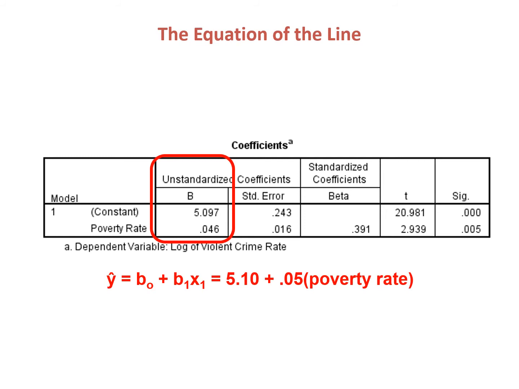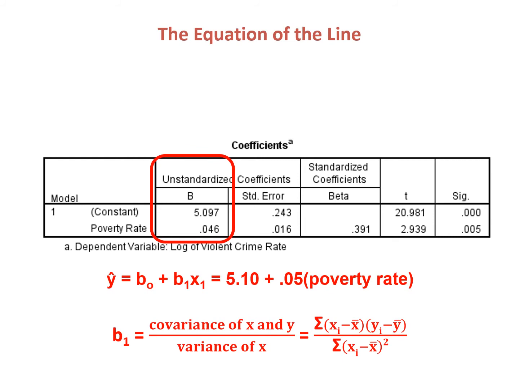Beta subscript 1 is substituted for the poverty rate, which is 0.046, and here rounded to 0.05. Thus, the equation of the line is determined to be 5.1 plus 0.05 times poverty rate. We can plug in the poverty rate for each state and get its predicted value using this equation. The importance of this point to our understanding of the model's performance is discussed in the second video in this series.